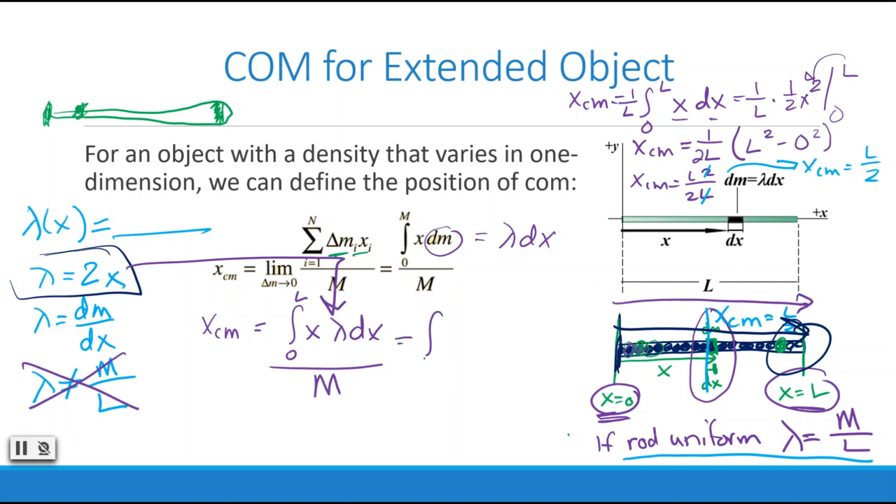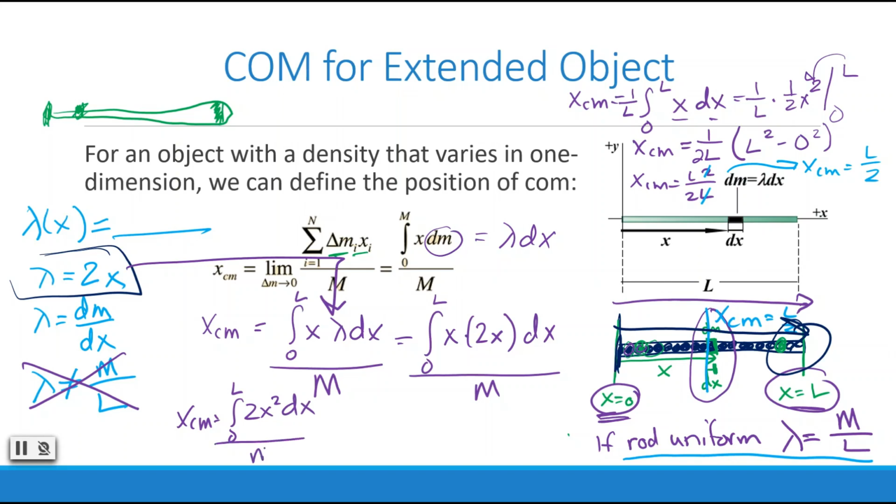So I'm going to instead sub in that lambda is equal to 2x. So I'm going to get the integral from 0 to L of x times 2x dx over my total mass m. So you're going to end up here with my position of my center of mass being the integral from 0 to L of 2x squared dx over my mass m.